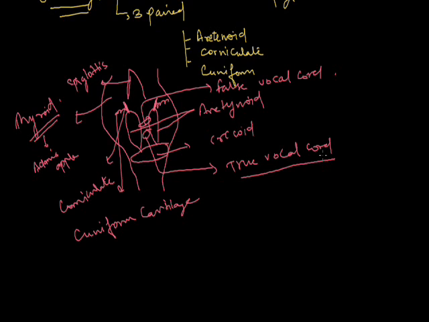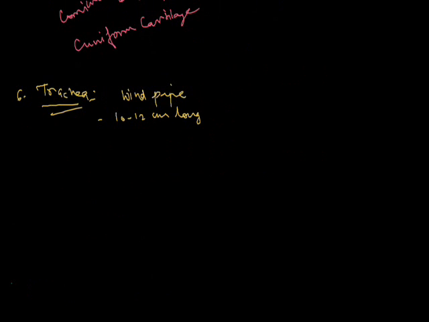Next, after the larynx, the air moves to the next part of the respiratory system, the trachea. The trachea is also known as the windpipe. It is 10 to 12 centimeters long and contains 16 to 20 C-shaped rings, which are cartilaginous, made of cartilage. Why are they C-shaped, incomplete at the backward side?